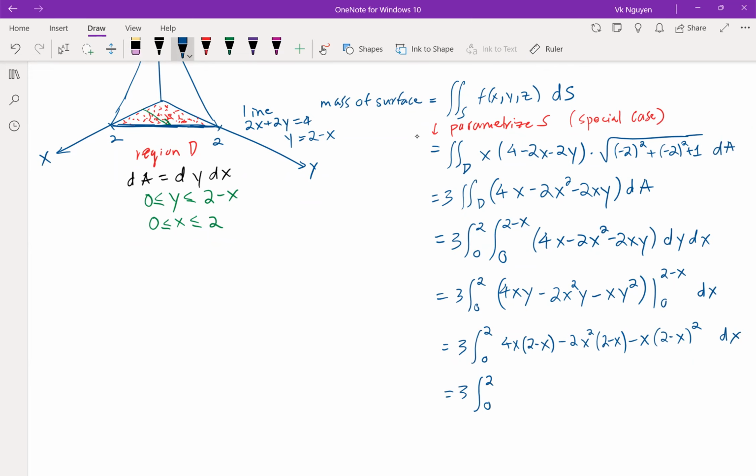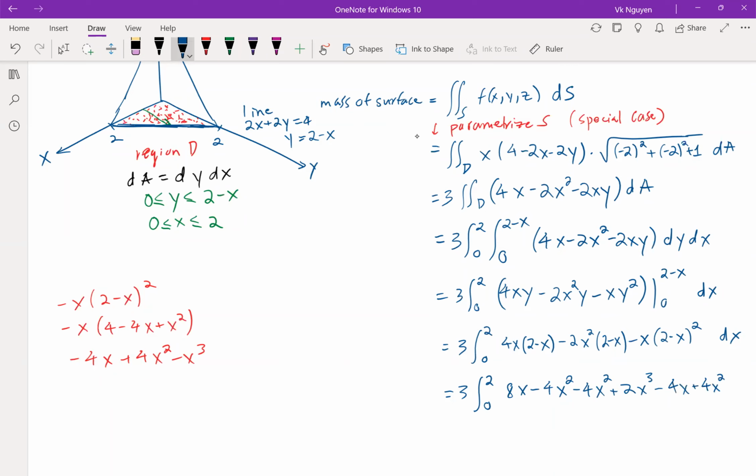We have 4x minus 4x squared minus 4x squared plus 2x to the power 3 minus 4x plus 4x squared minus x to the 3, dx there.